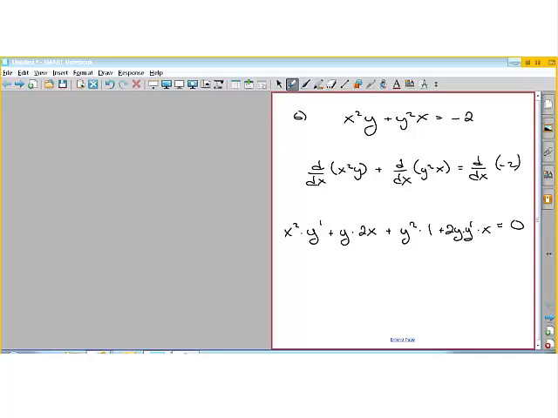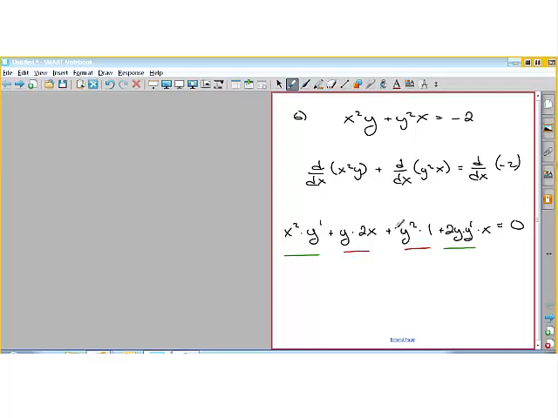So the derivative of x squared is 2x. The derivative of y squared is 2y times y prime. That's the key thing. Okay, notice that this term involves y prime and this term involves y prime, whereas this one does not, and this one does not.